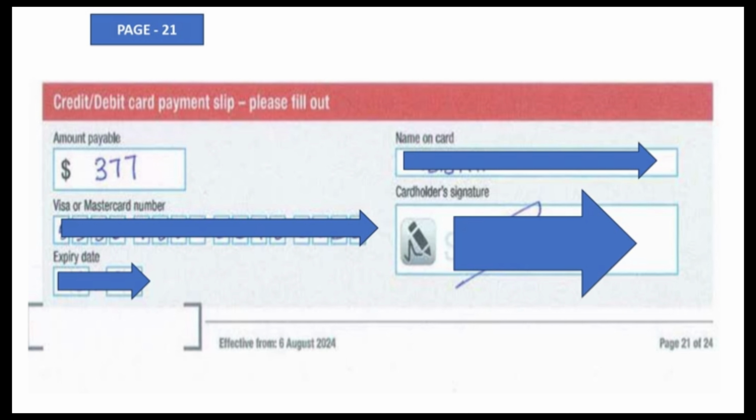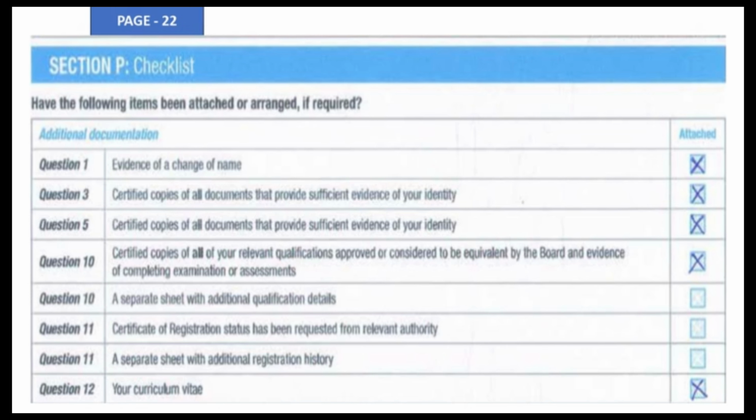Okay, and the section that is the checklist, whatever documents we are submitting and whatever is required, we can select here, whatever the documents we are attaching for this one, and those details we want to select.